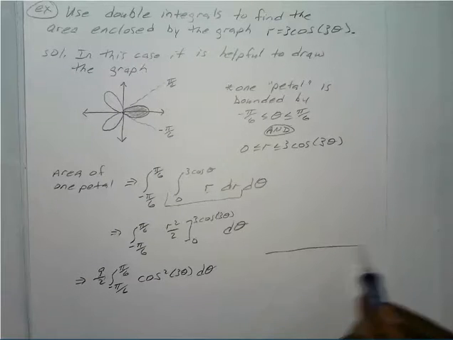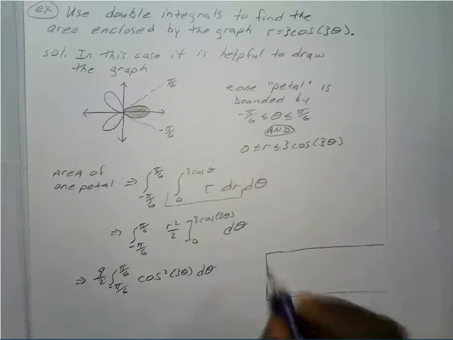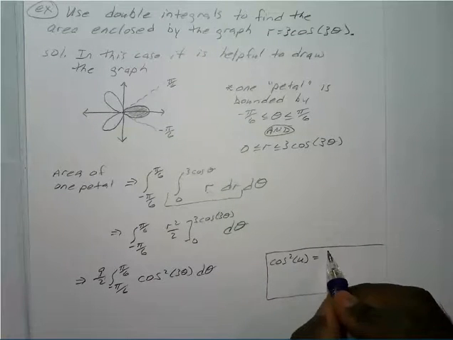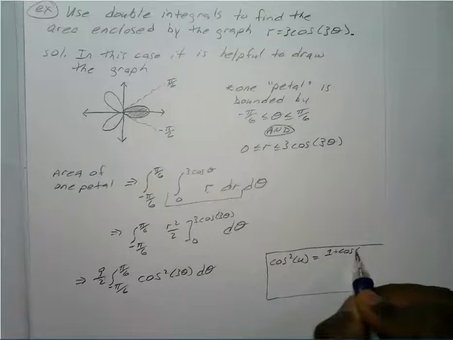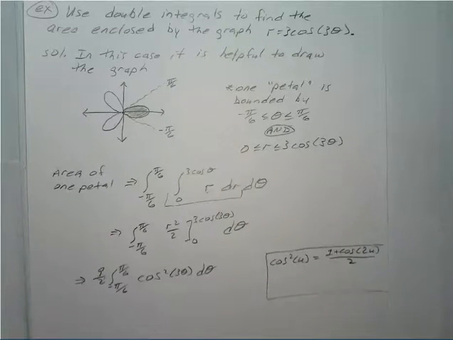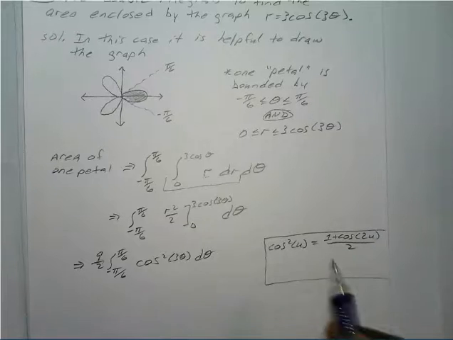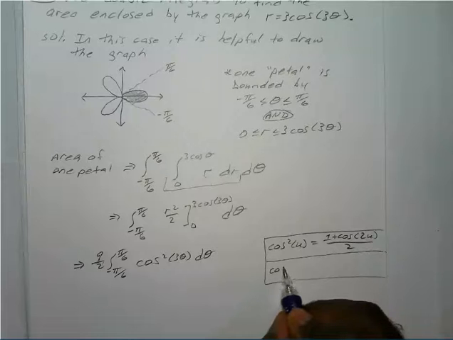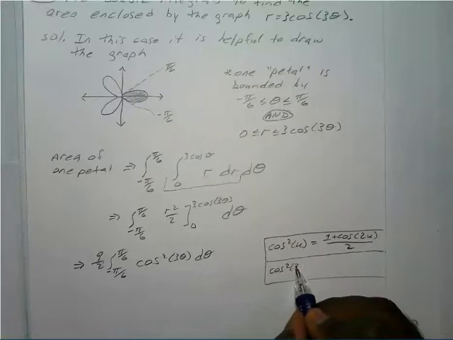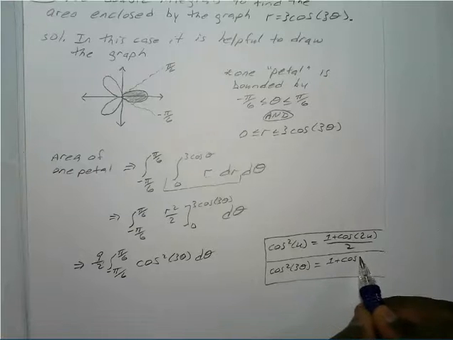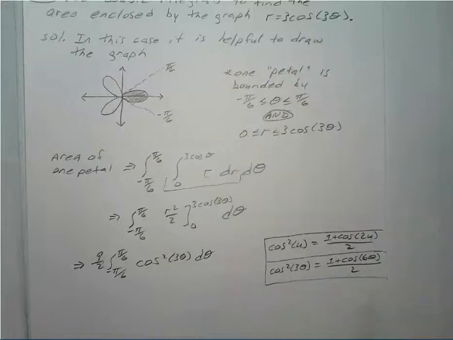Now, again, from our trig identities, we have cosine squared of u is equal to 1 plus cosine 2u over 2. So that means cosine squared of 3 theta is equal to 1 plus cosine of 2 times 3 theta, which is 6 theta, over 2.